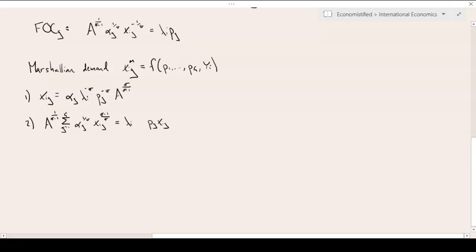On the right-hand side, lambda I doesn't depend on G, so we can take that outside of the sum. Now, what are these terms? Well, this term here is just A. This is how we defined A. And on the right-hand side, this is our total expenditure, which from our budget constraint, we know is just going to be equal to our income.